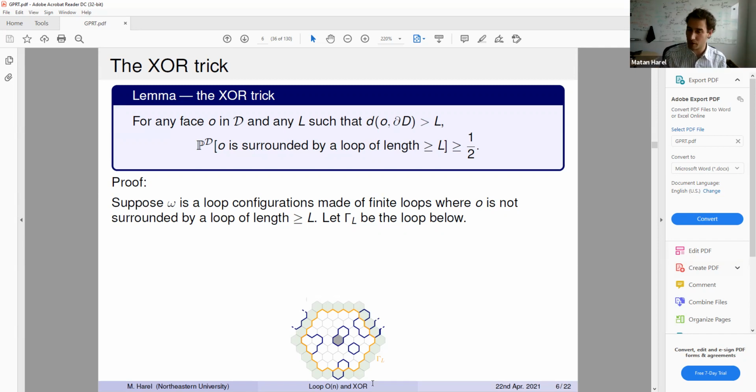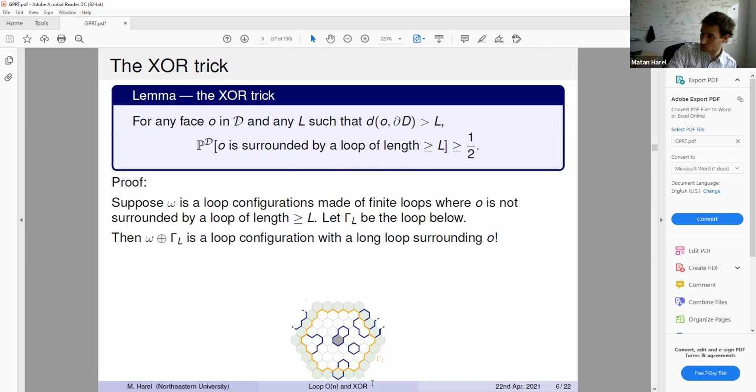A simple combinatorial fact will show us that this XOR operation takes a loop configuration to another loop configuration, maintains evenness of degree. And if I didn't have a long loop in the first one, I must have a long loop in the second. So in this case, if I just do the XOR in this picture, I get this purple loop, which goes all the way around and closes somewhere outside of my domain, but it's definitely pretty long. And it covers the gray face, which I call O.